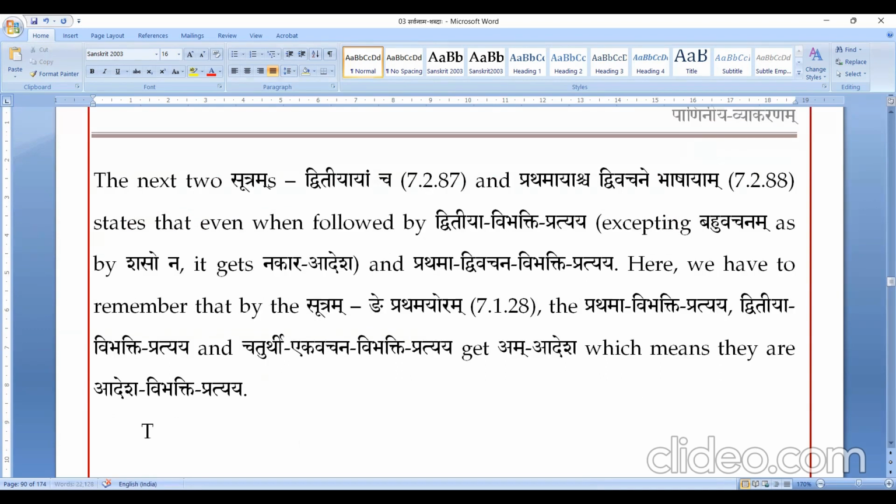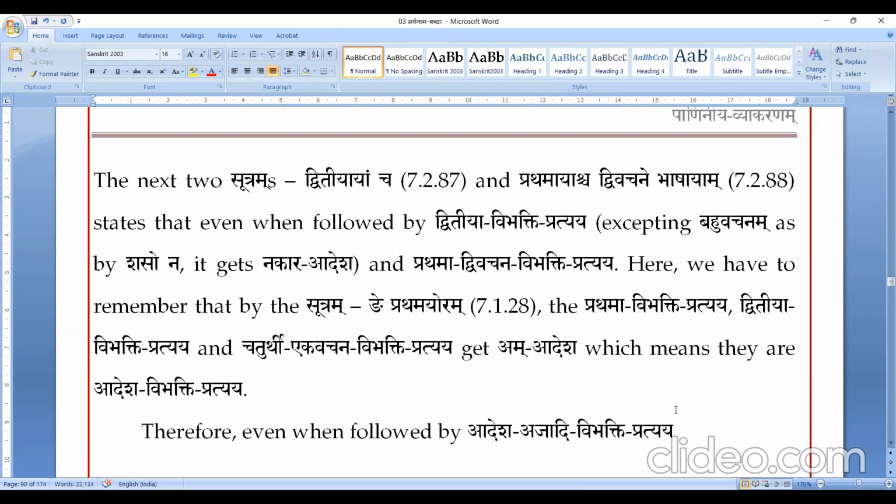Therefore, even when followed by Adesha Ajadi Vibhakti Pratyaya, even when followed by Ajadi Vibhakti Pratyaya, that is for 1, 2, 2, 2, and 2, 3.